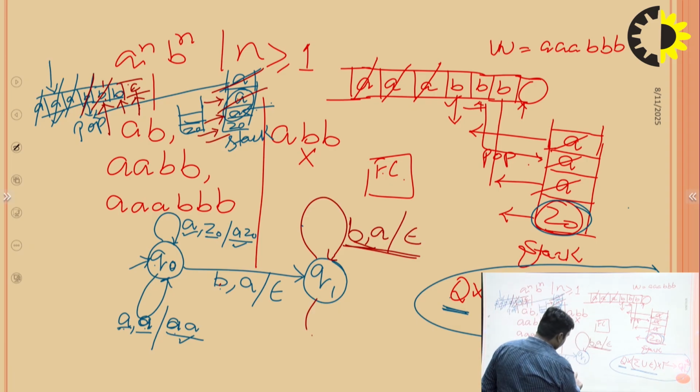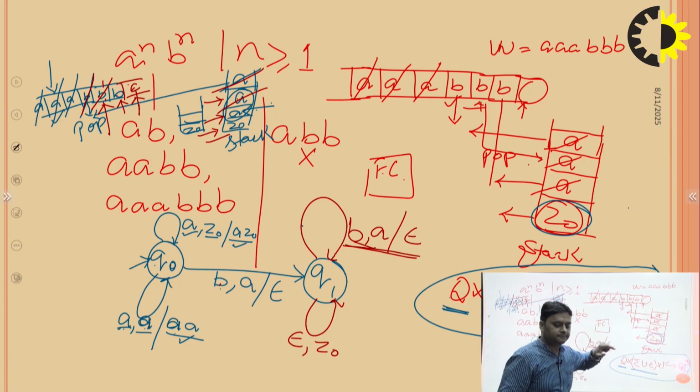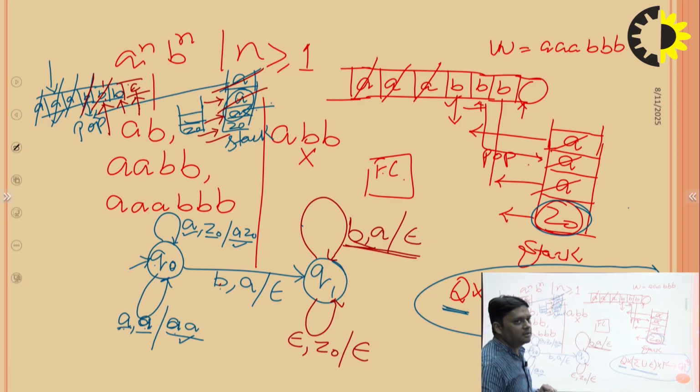We can write it as input symbol is epsilon, top of the stack at this point is Z0, and the output will be epsilon, which means there is no input symbol in the input tape and no stack symbol is stored in the stack.